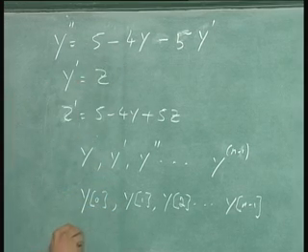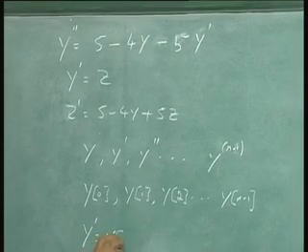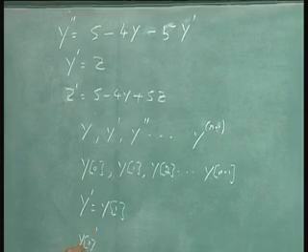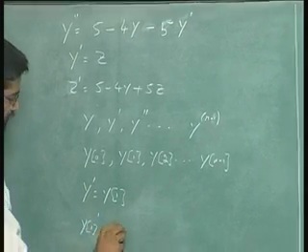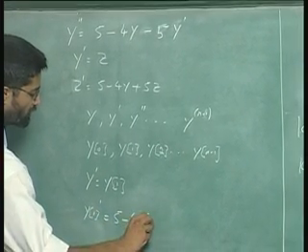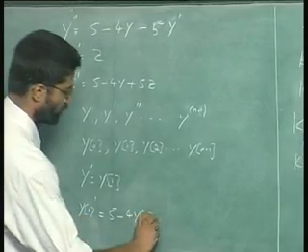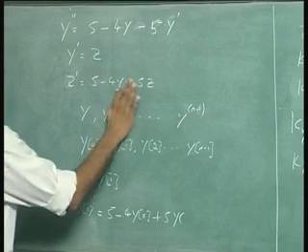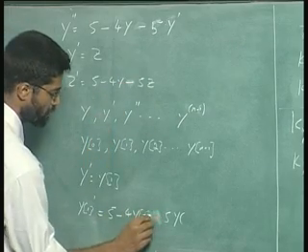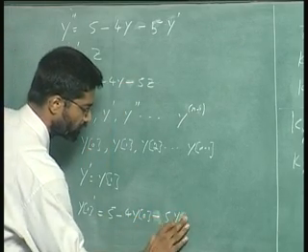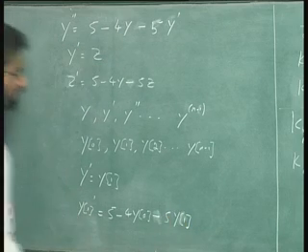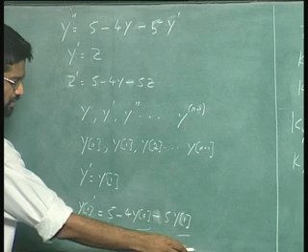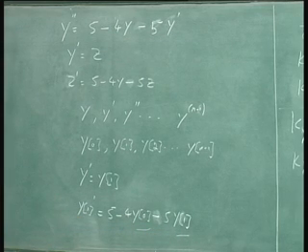So now my equation is actually y0 prime equal to y1, right, and y1 prime is equal to 5 minus 4y0 minus 5y1. That's the way we would write. So y0 is y and y1 is the first derivative of y. That's what we would write here.